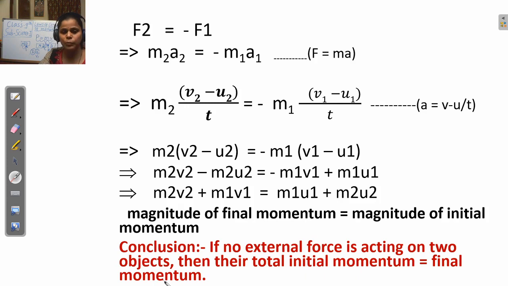If the question asks you to write down the law of conservation of momentum for 1 mark, then you have to write: if no external force is acting on the two objects, then the total initial momentum will equal the total final momentum.